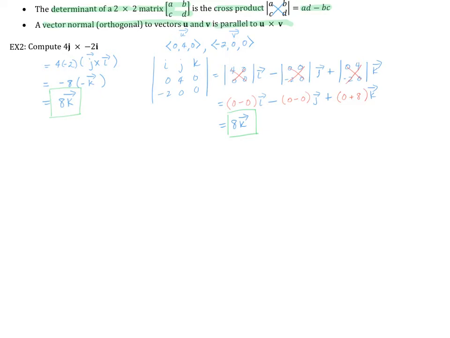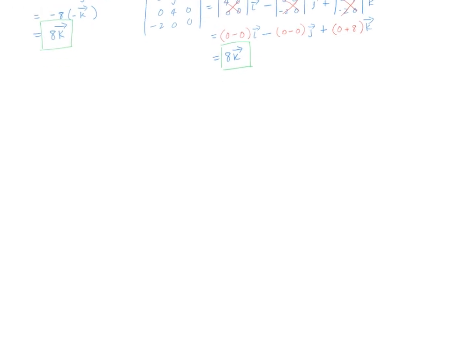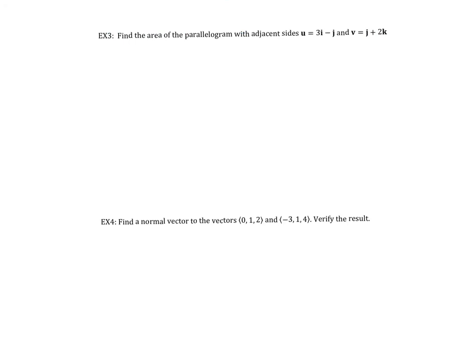All right, let's do some more examples. We're going to go back to the area of a parallelogram. In example 3, we're supposed to find the area of a parallelogram, and we have the adjacent sides as being our u, 3i minus j, and our v is j plus 2k.